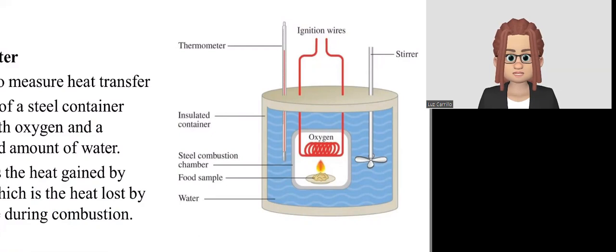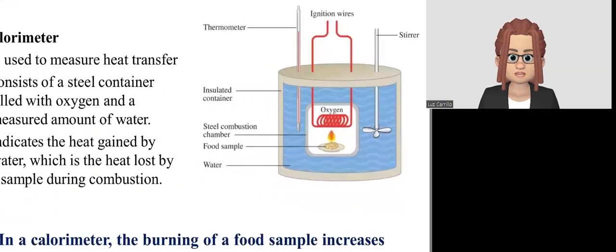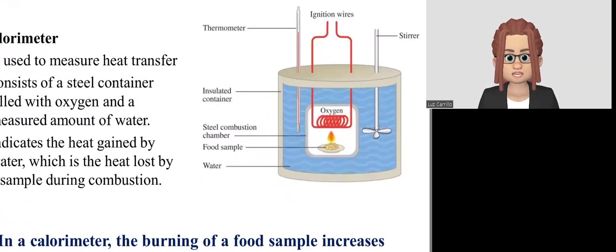In this chamber, a food sample is placed. Because of the presence of oxygen, the food sample is going to undergo a combustion reaction. If I write the chemical reaction that is happening overall in this calorimeter, the food sample is reacting with oxygen gas.